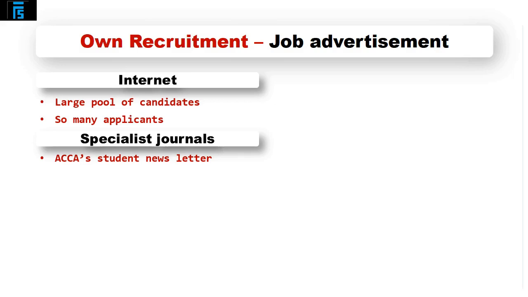So what's good about advertising in a specialist magazine is that you are not wasting your money advertising in a newspaper where an awful lot of people are not in the slightest bit interested in the job that you are advertising. So you get specialist magazines for various professions, for various jobs, so advertise in those.